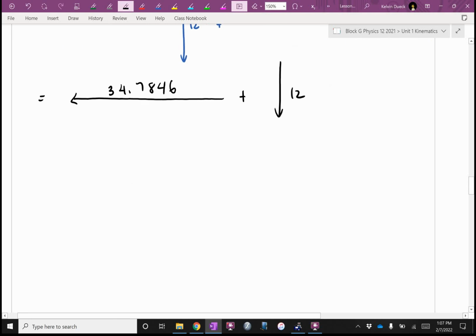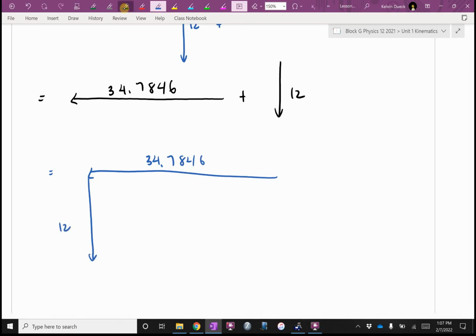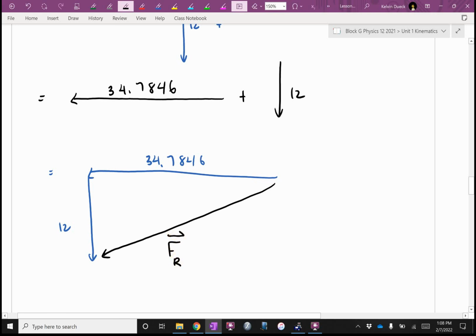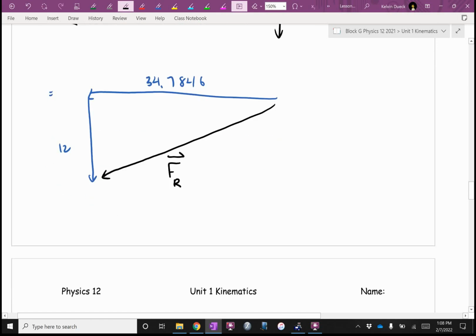It's going to be, yoink. I'll call it F capital R for resultant because we're combining the vectors. Theta goes here.